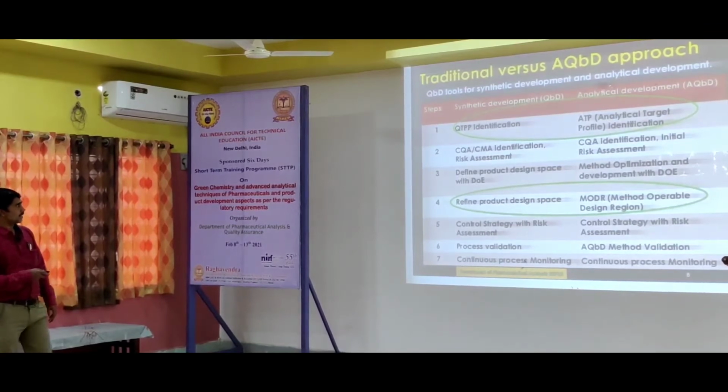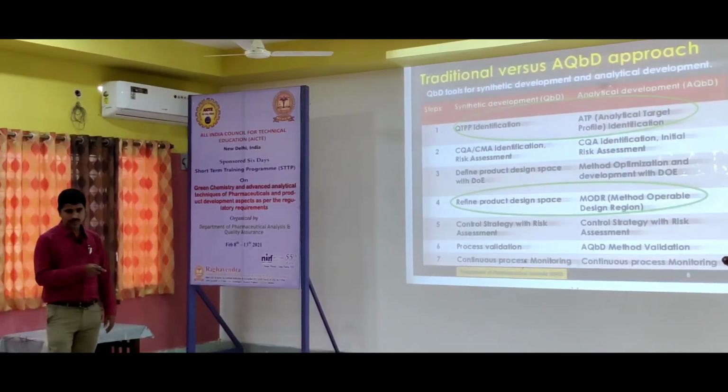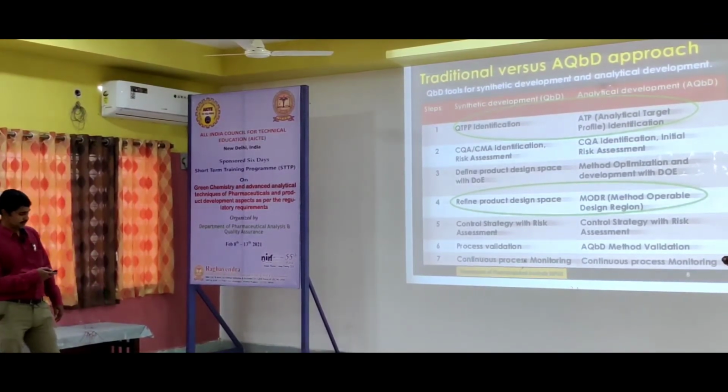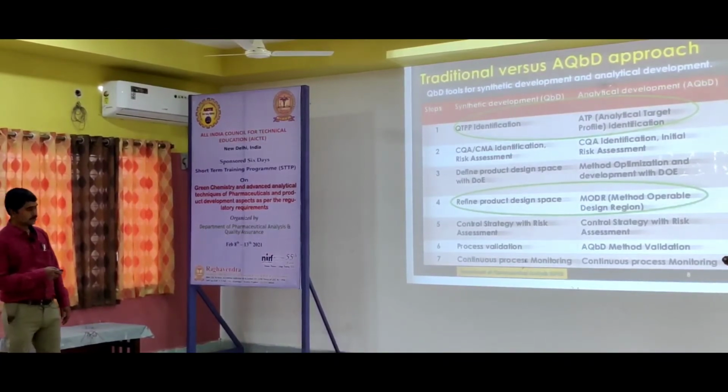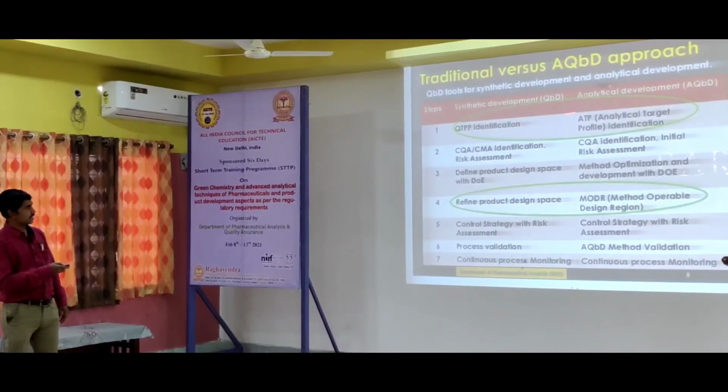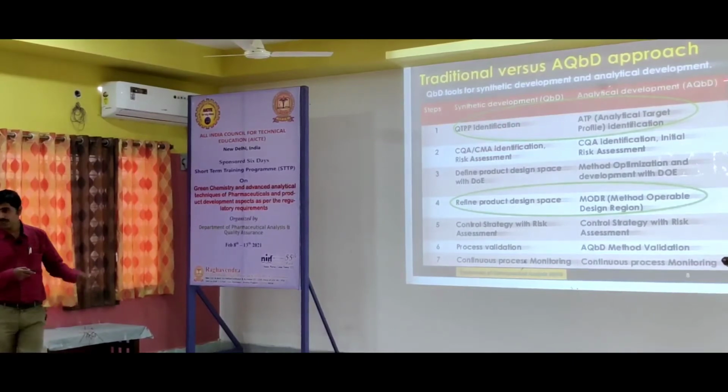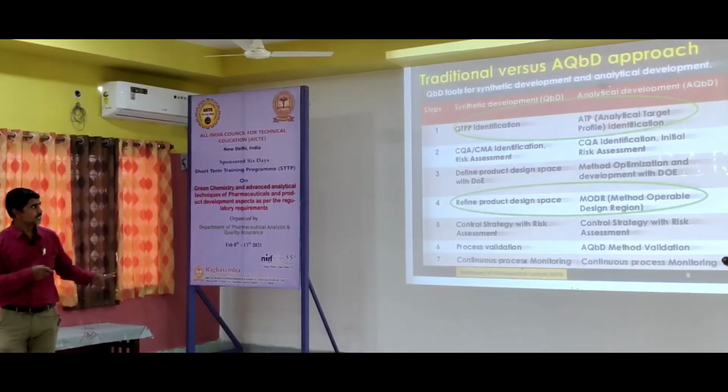The same one again here, they mentioned almost the same steps, only in a little bit different manner. So QTPP identification, quality target product profile. This is in synthetic, whereas this is in analytical. In synthetic, quality target product profile, whereas here analytical target profile.